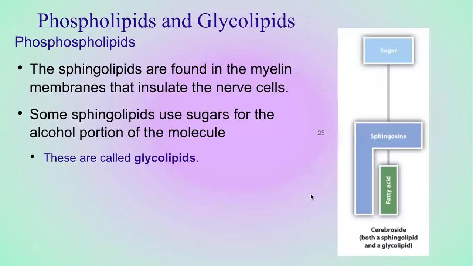But again, you don't need to memorize that. If you have a sphingolipid that has a sugar, these are called glycolipids. And this will be more clear once we cover our carbohydrate lecture. But the importance of sphingolipids is that they are very important in the brain and protecting our nerve cells.